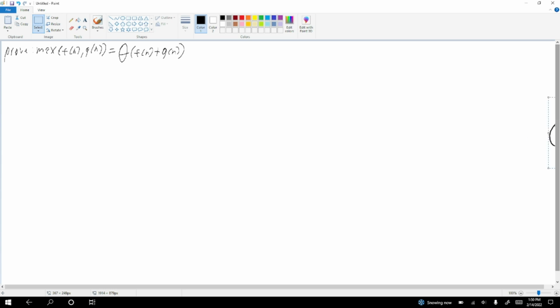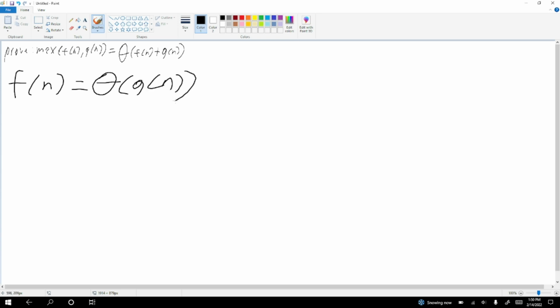We have f of n, and that is equal to theta of g of n when there exist three values, C1... Did I really just do it backward? I did just do it backwards. How is that possible? Okay, wow, cool.